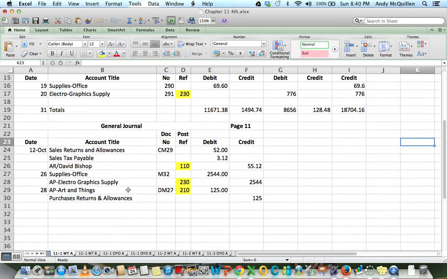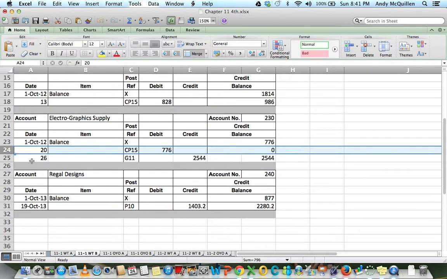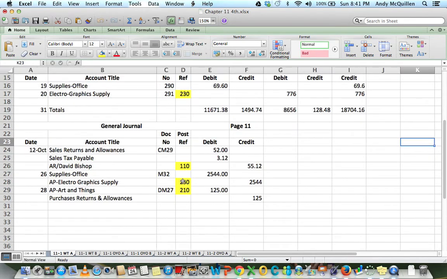So electrographic supply is credited 2544. Please make sure you're doing your post references. It's easy to forget these. So we go to electrographic supply on the 26th. G for general 11, 2544, and now we have a balance of 2544. And 230 for the post reference.